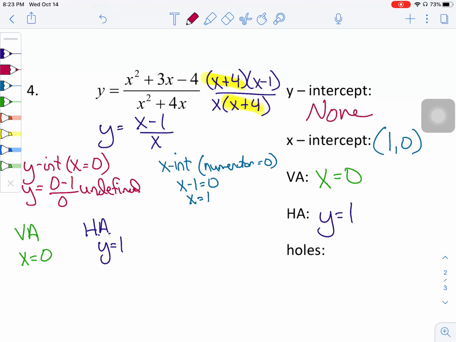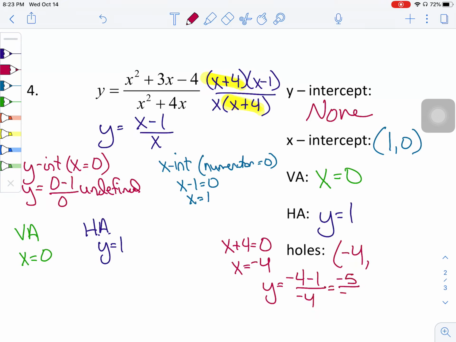We do have a discontinuity, a hole in the graph. So take the factor that you canceled out, set it equal to 0. This is going to give us another value that we have to throw out of the domain. So -4 here. We're going to put that -4 into the simplified expression. So -4 minus 1 over -4.